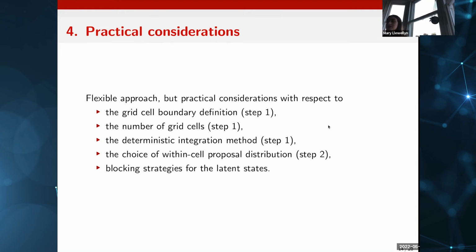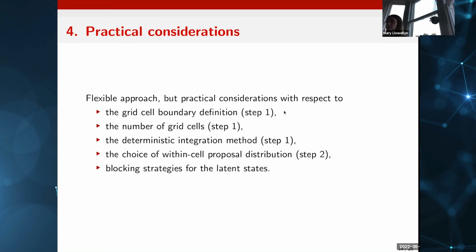So I'll give some details of each of these in turn, and discuss the trade-offs involved with making each decision. Okay, so the first point is regarding the choice you have to make about defining the grid cell boundaries. So in practice, how would we set the partitions in the state space to form the grid cells?